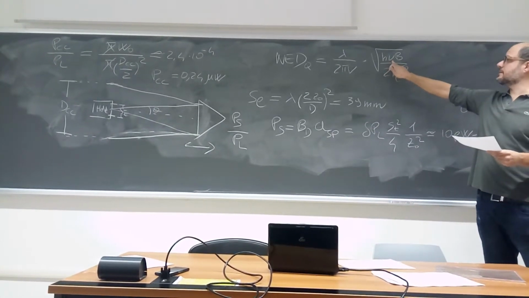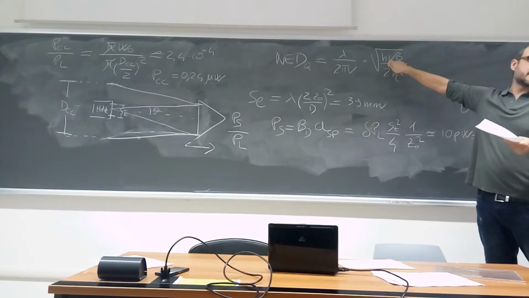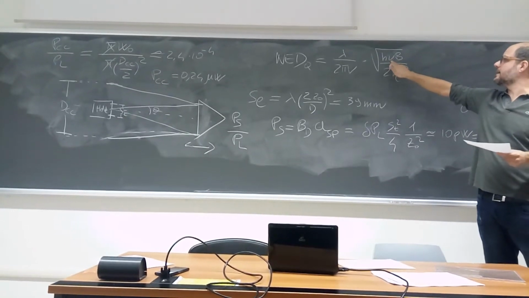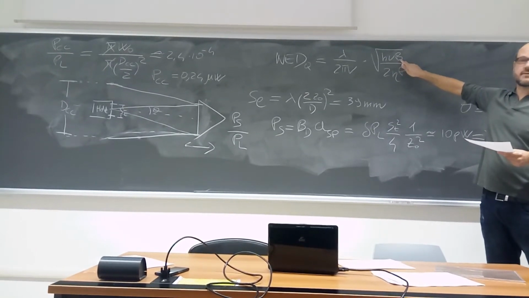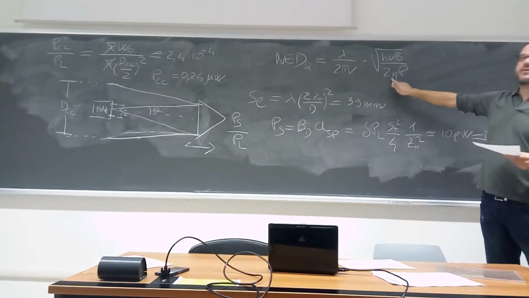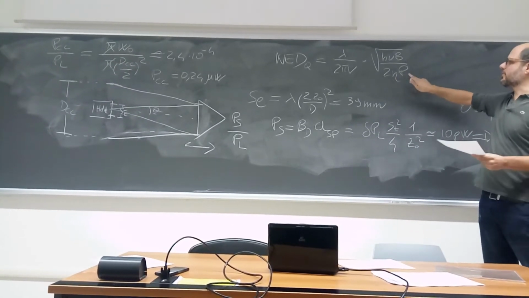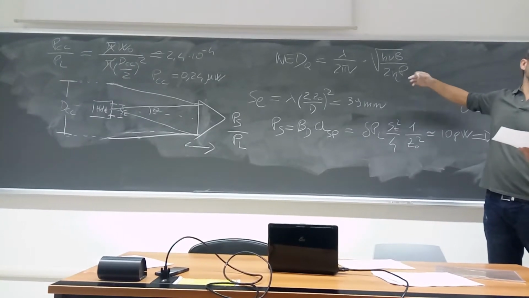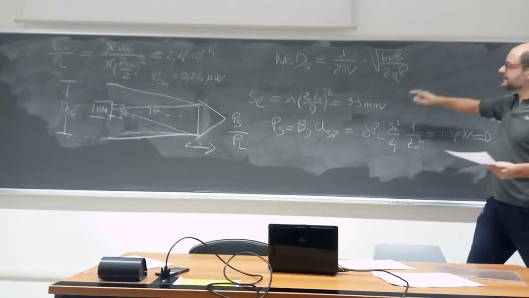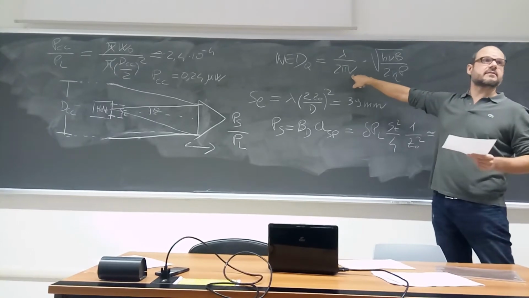This is the frequency of the laser. This is the electrical bandwidth. This is the quantum efficiency of the photodetector. And this is the mean power that you are using. And this is the fringes visibility.